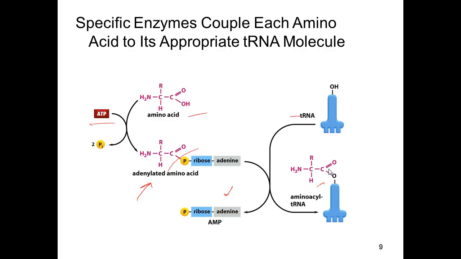You can imagine that it's very important for these enzymes to be accurate at connecting only the proper amino acid to the tRNA. Otherwise, when you're reading the amino acid, you would get incorrect amino acid incorporation into the growing polypeptide chain.